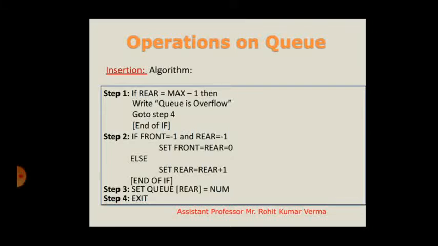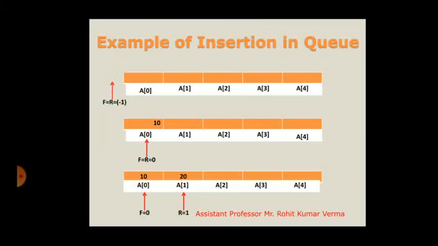Suppose in the first case there is no item in the queue, our total queue is empty. So in that case front is -1 and rear is -1 because our address locations start from 0.